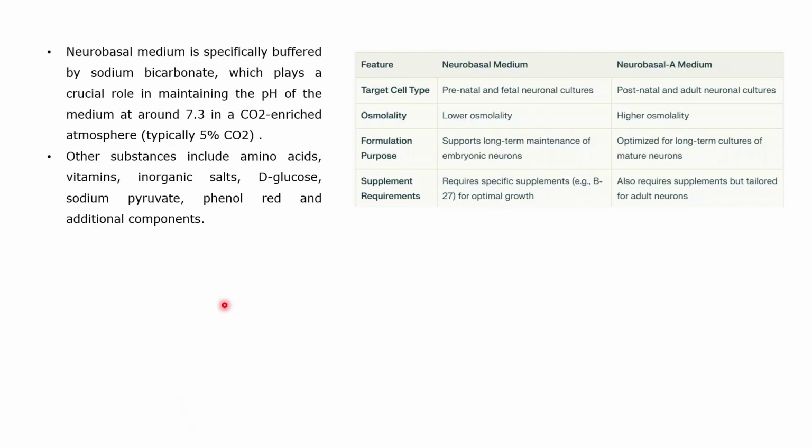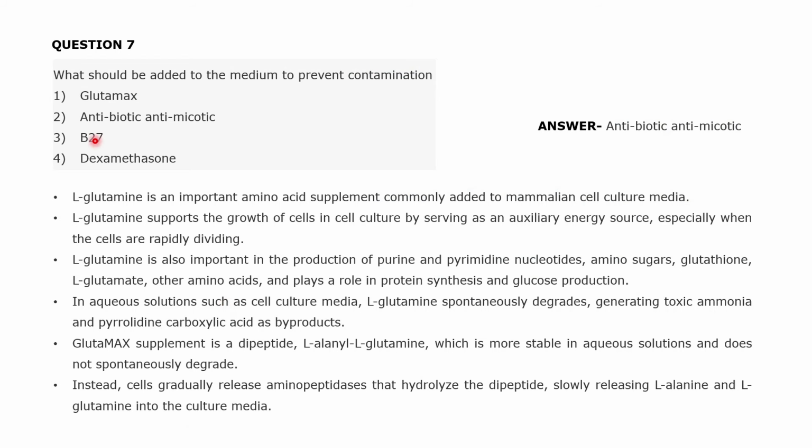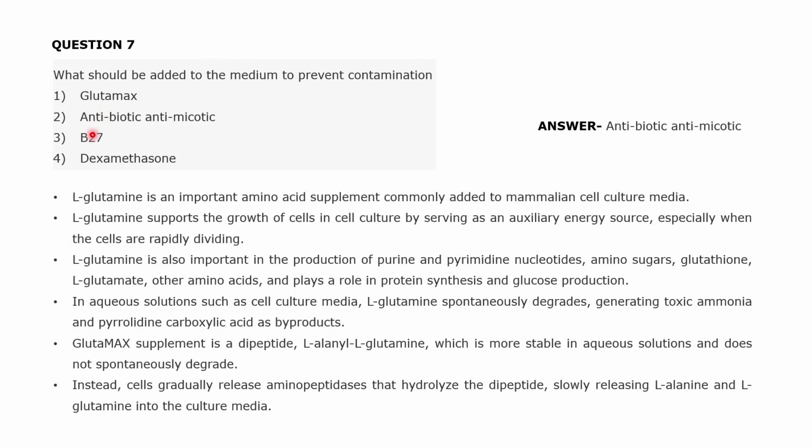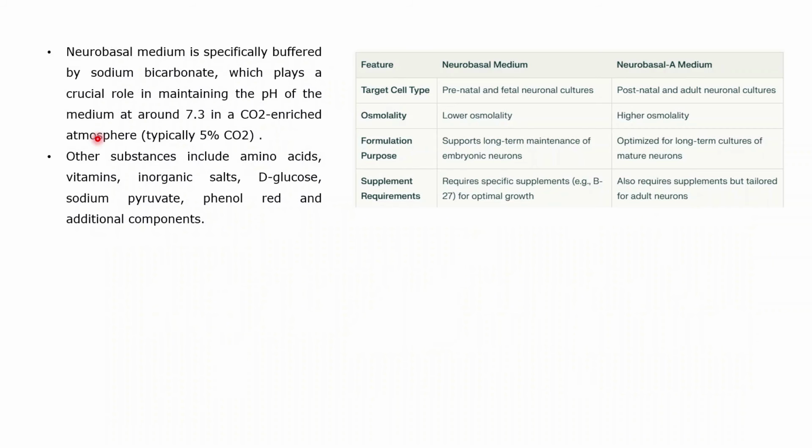If you look into B27, which we also discussed last time, I am just recalling what those are. It is also called neurobasal media, NB27 or B27. The 27 represents that it consists of about 27 components within that media.